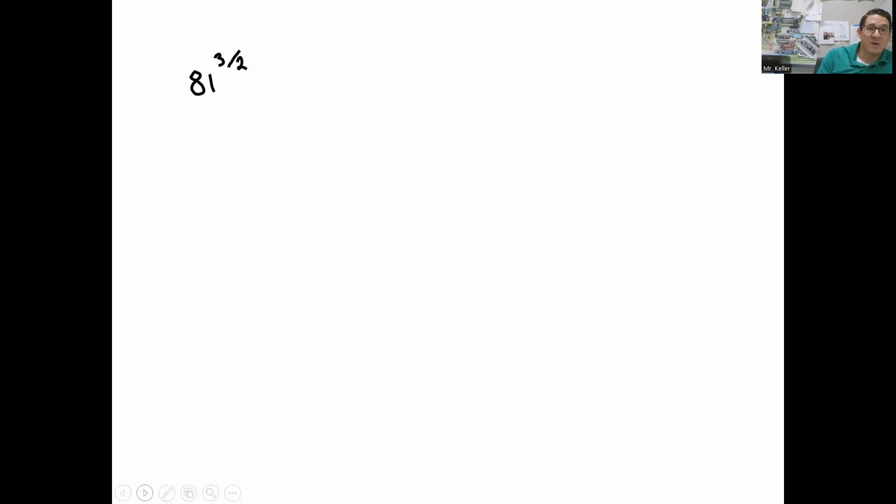Next, 81 to the 3/2 power. So here, I'm going to rewrite it. 81, power is on the top, root is on the bottom. It doesn't actually matter which one you do first, the power or the root. Sometimes it's easier to do the power, sometimes it's easier to do the root.